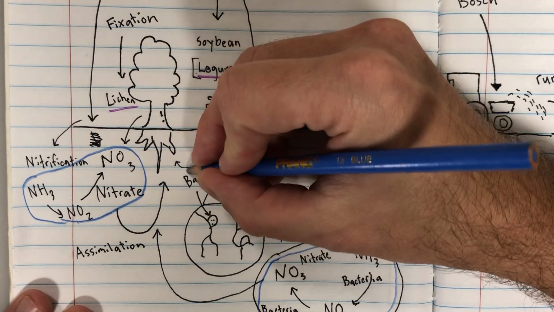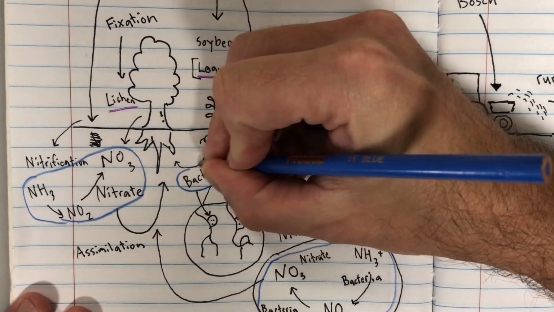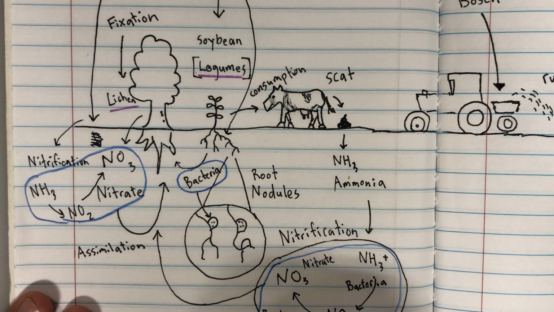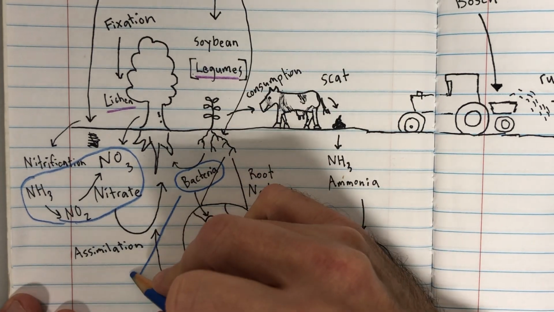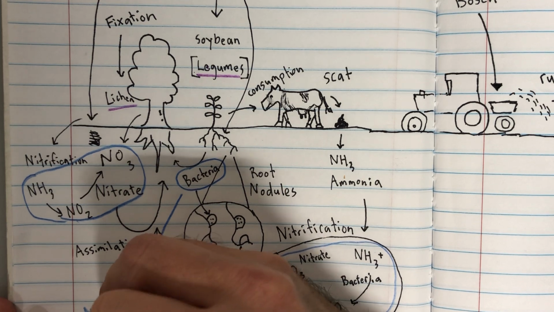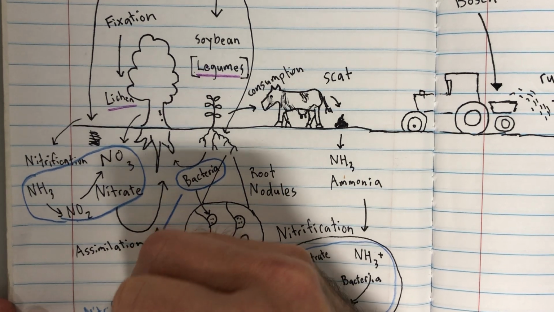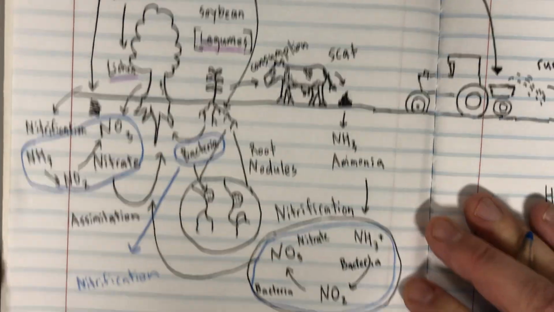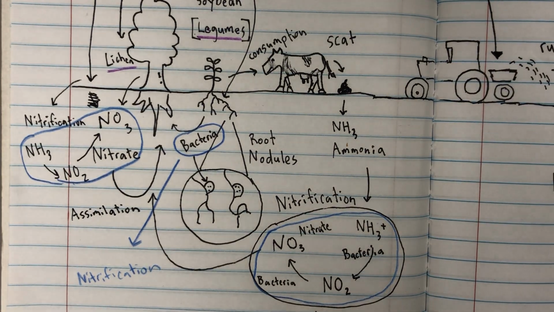And bacteria is what's driving that. I'm just going to make a note down here, that's nitrification as well, in blue. So you know that that occurs as well in the soil.